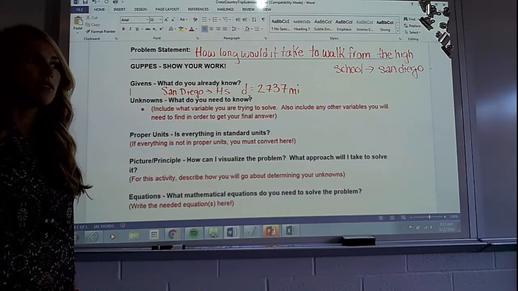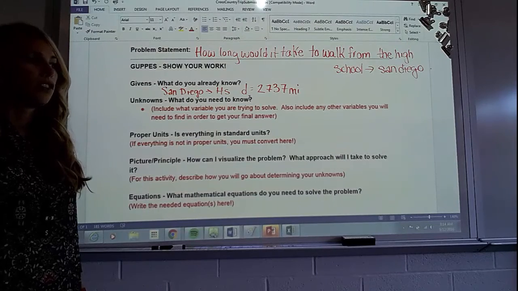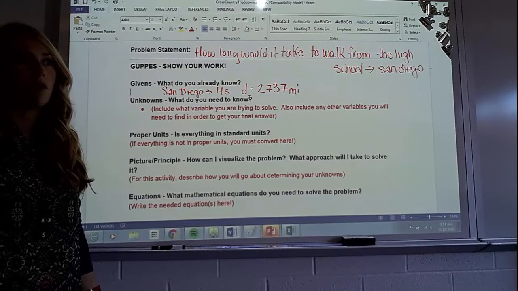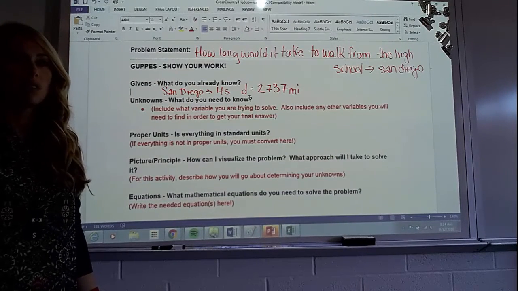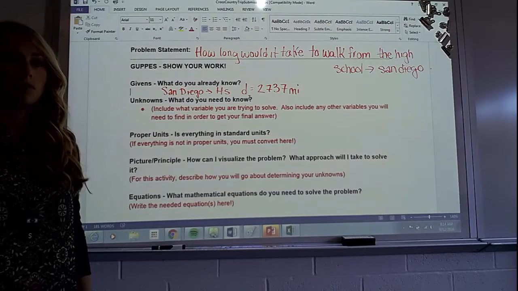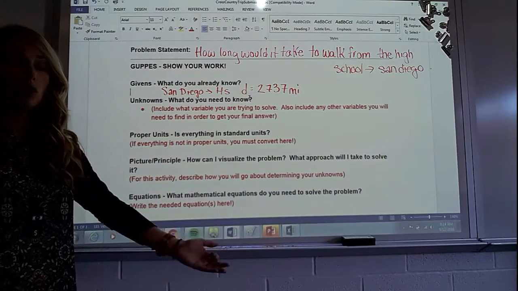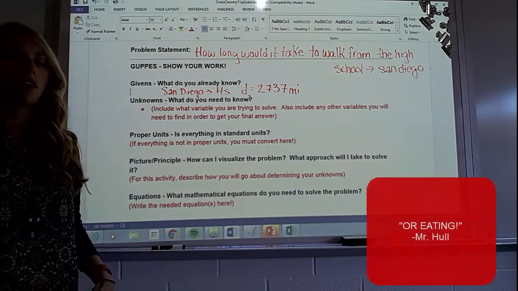Okay, something else that we know is that we're going to have to determine how long we sleep for, because that's something that's sort of a given, even though it wasn't explicitly stated in our problem statement, because we can't walk straight from San Diego to the high school without sleeping, right?